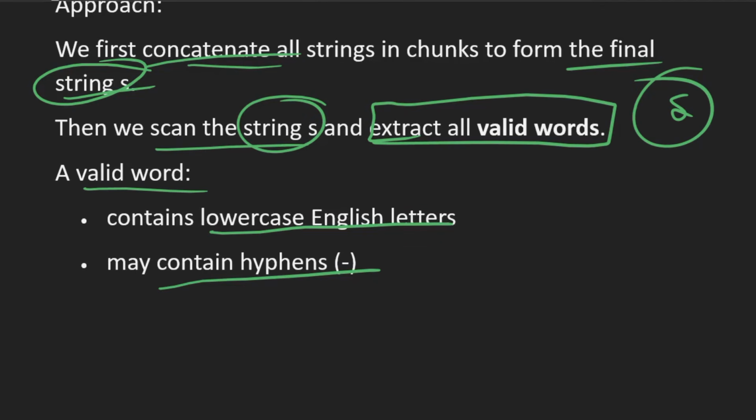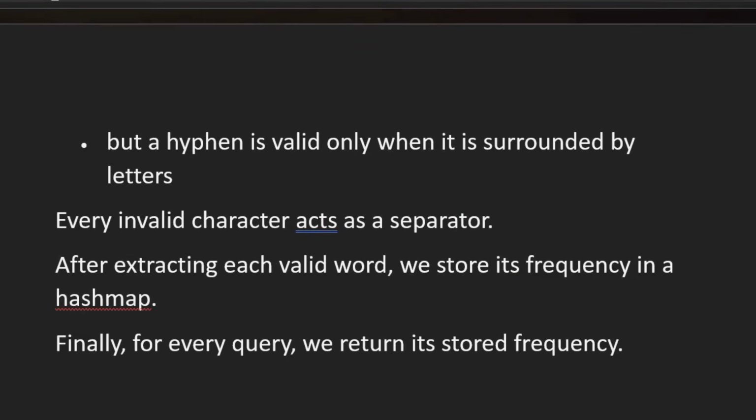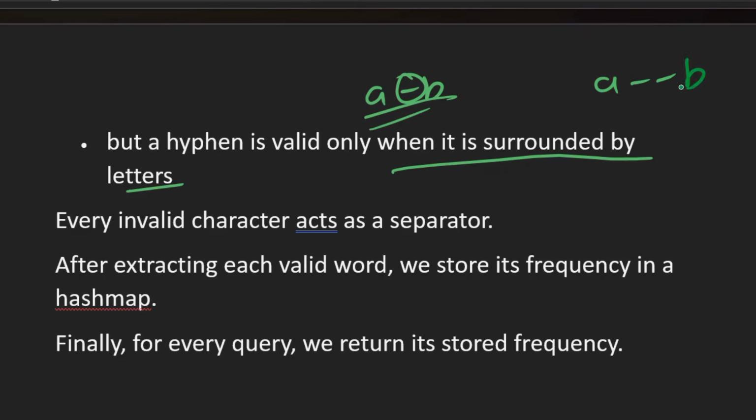It can contain a hyphen, but the hyphen is valid only when it is surrounded by letters. See, a-b has a valid hyphen, but a hyphen b, with spaces around it, is not a valid hyphen, because the hyphen is not surrounded by valid letters. So here these hyphens are not valid.